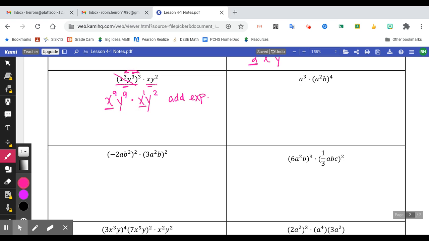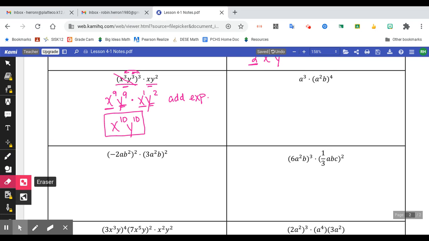So this one and this one get added together, x to the 10th, and then this one and this one get added together. So y to the 10th. There's nothing else we can combine, so this is your answer. I'm sorry, I apologize. This should have been 9 plus 2. Sorry about that. So this is 11.